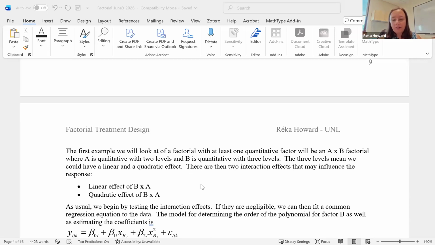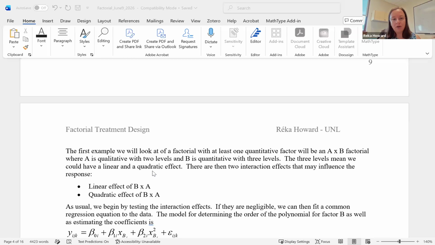Another difference is how do I even handle the interaction? When I have a quantitative factor, I have to look at how many levels I have. I have three, so just think about the degrees of freedom: 3 minus 1, so 2. I can have up to two effects in my model, so I can have the linear and the quadratic effects.